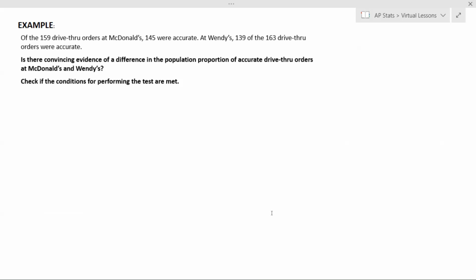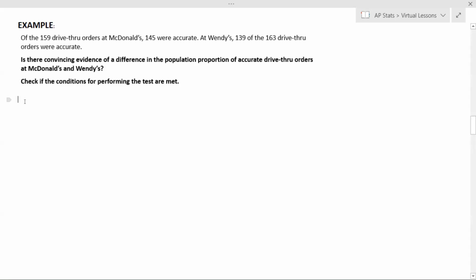The next thing we're going to do is check that the conditions for performing the test are met. Again, you can't just write the words random, 10%, and large counts and then put a check mark there. That's not sufficient. So let's check the random condition first.